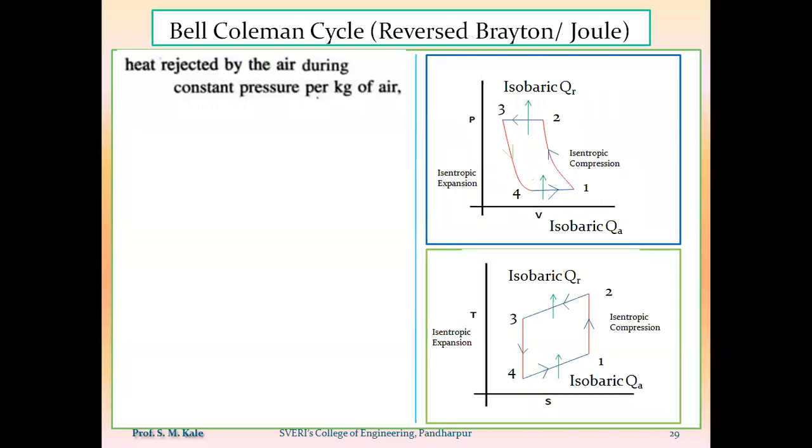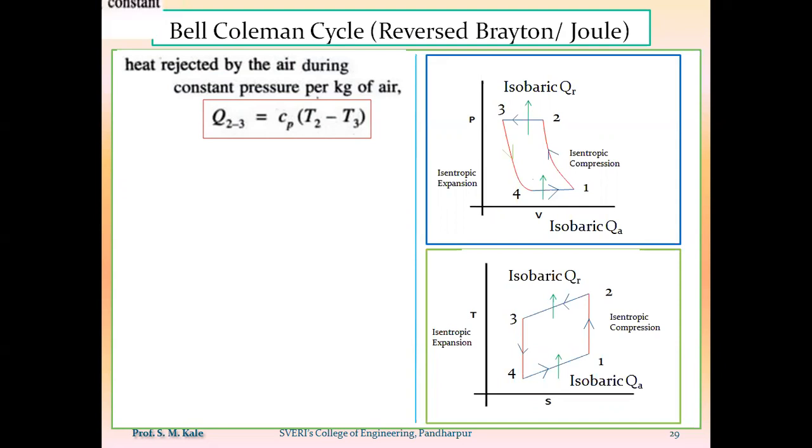QR is calculated on the TS diagram by considering process 2 to 3. The amount of heat rejected during process 2 to 3 per kg of air is calculated by Cp into delta T, where delta T is T2 minus T3. So the heat rejection is equal to Cp into (T2 minus T3).